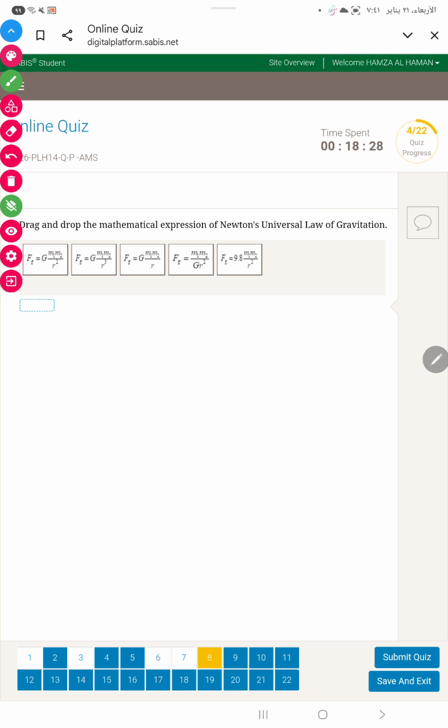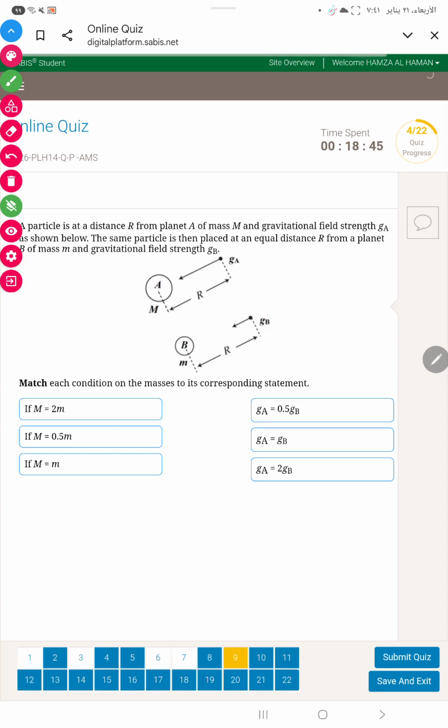Drag and drop the mathematical expression in Newton's law of gravitation. This is G m1 m2 divided by r squared. So this is easy. Number 9.